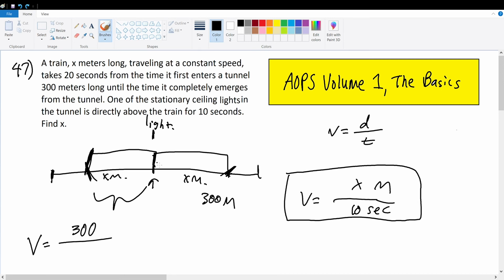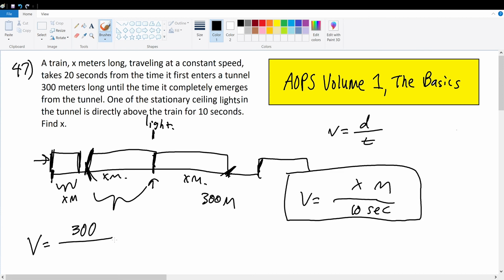Think about it. When the head of the train first enters the tunnel, the head must first travel the 300-meter distance. And by the time the train is somewhere right here, that the head of the train finished traveling the 300 meters, the tail of the train still has to travel x meters, the length of the train.